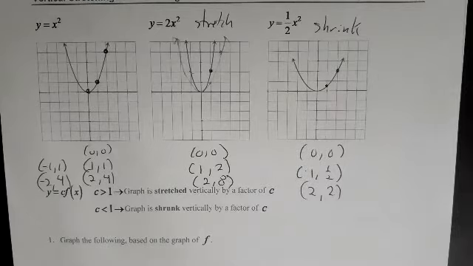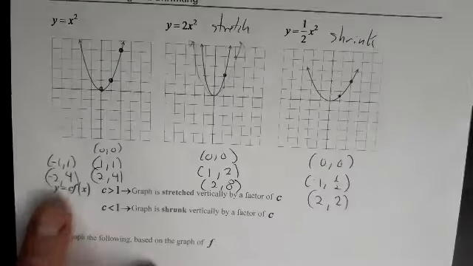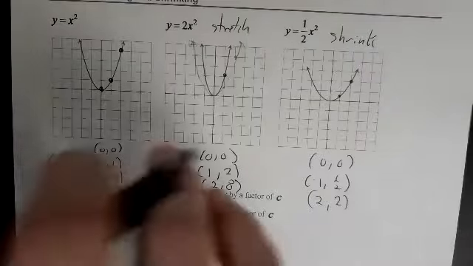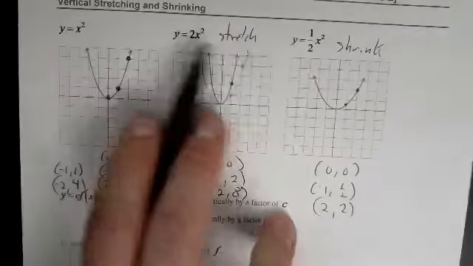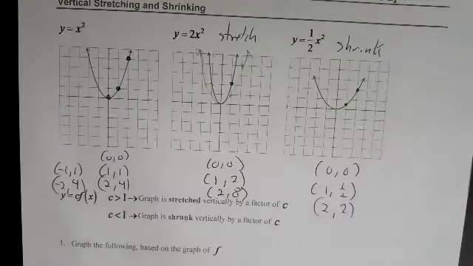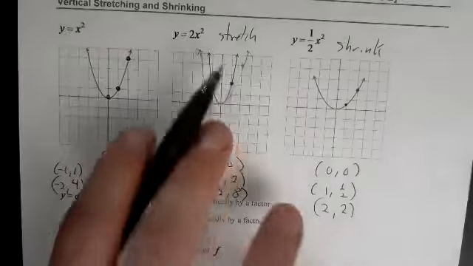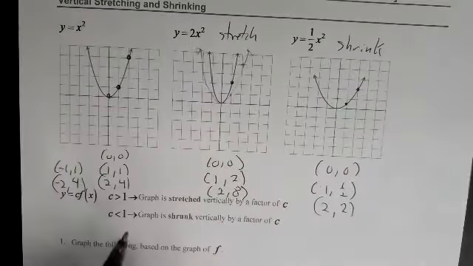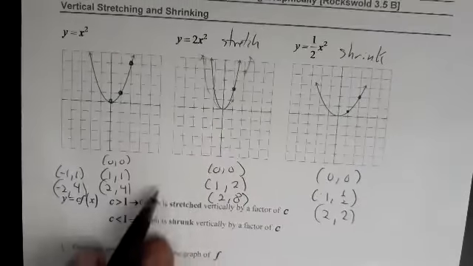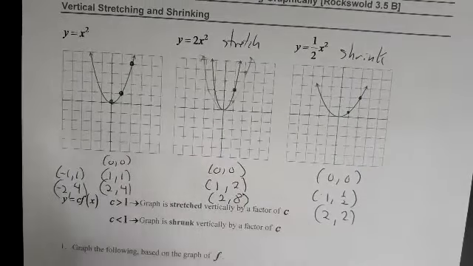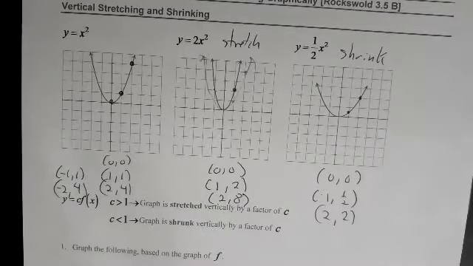They leave something off here. Okay. So they say y equals c f of x. So if we throw something in front of our function that's being multiplied, if we're multiplying by something greater than 1, any number greater than 1 is going to give you a larger number. So this is going to stretch it if we multiply by something that is larger than 1, right?